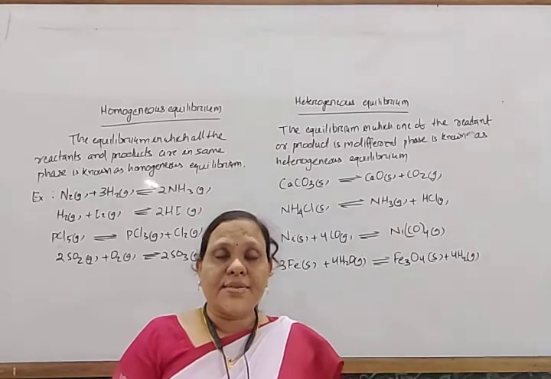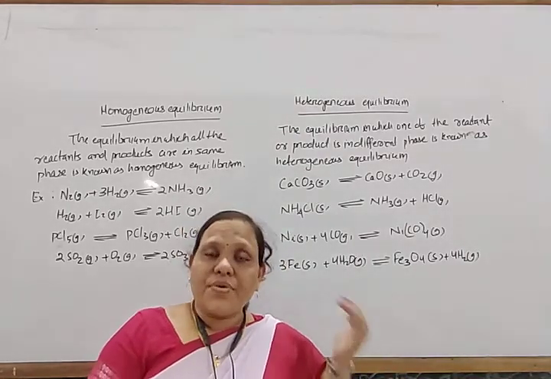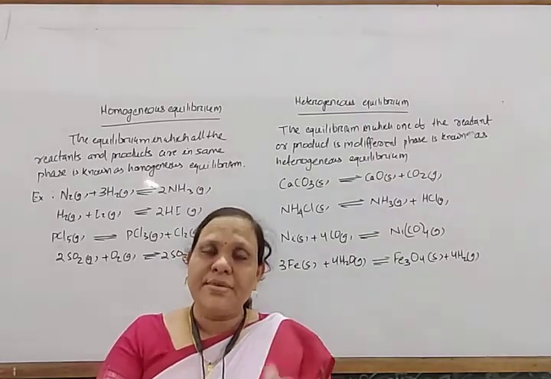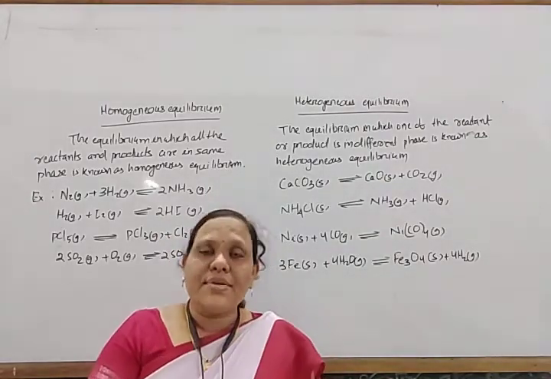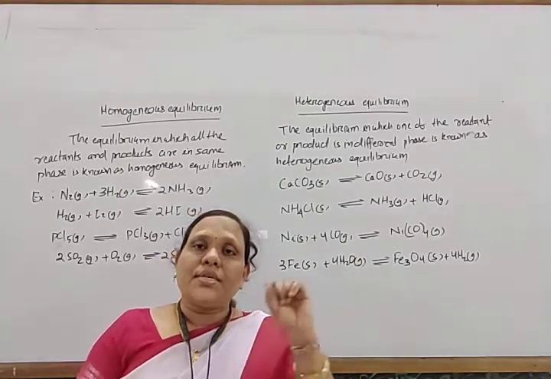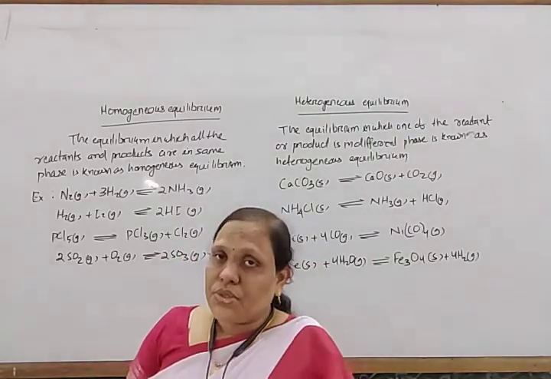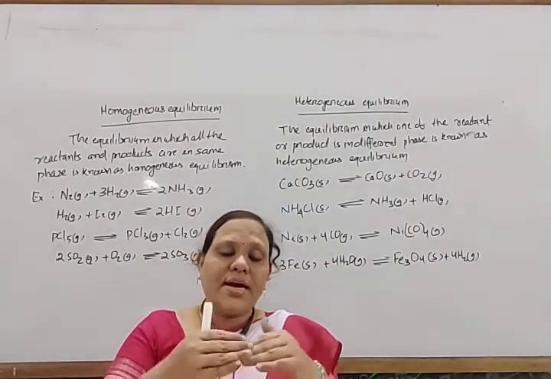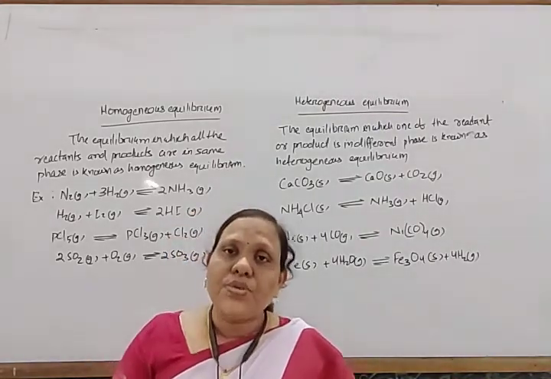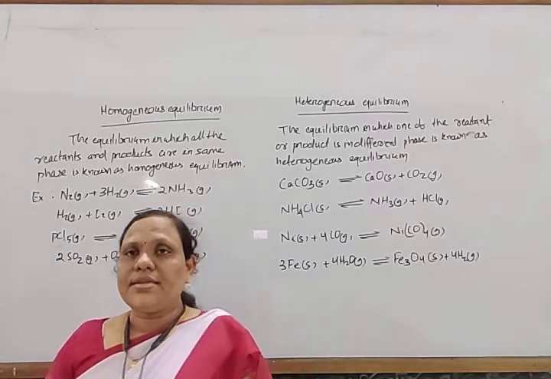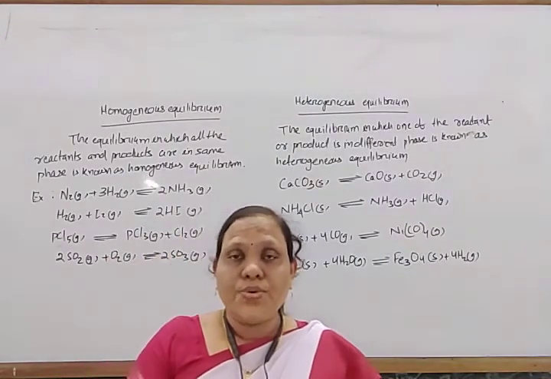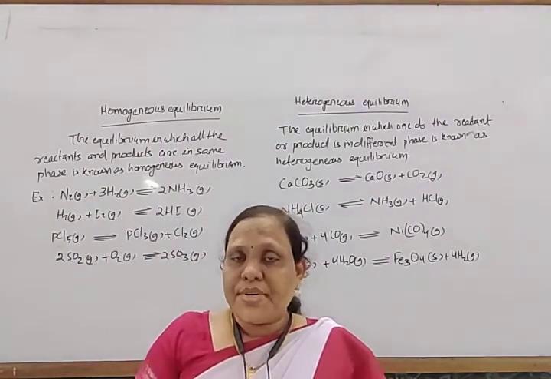If you use a catalyst, then the speeds of both forward reaction and backward reaction increase, and the equilibrium is achieved at a faster rate. But it does not change the equilibrium position. By the use of a catalyst, both the rate of forward reaction and backward reaction proceed at the same rate.